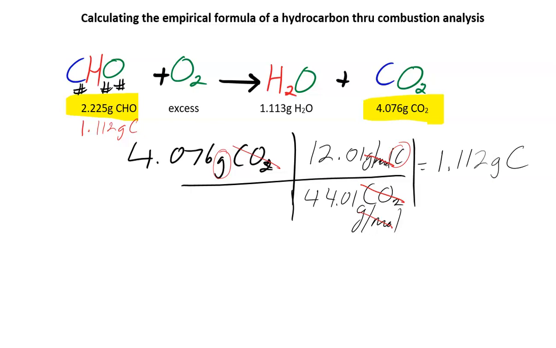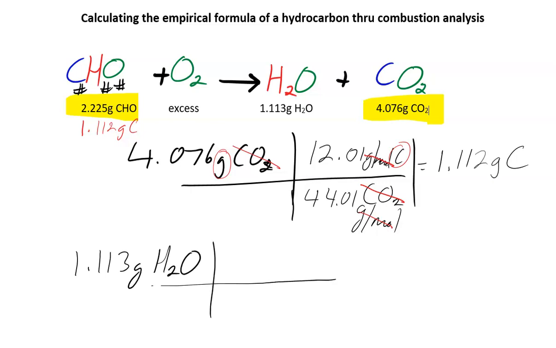Now I'm going to get the water and do the same thing. I am going to start with the 1.113 grams of water, and I will multiply it by the fraction. A mole of water weighs 18.02 grams.